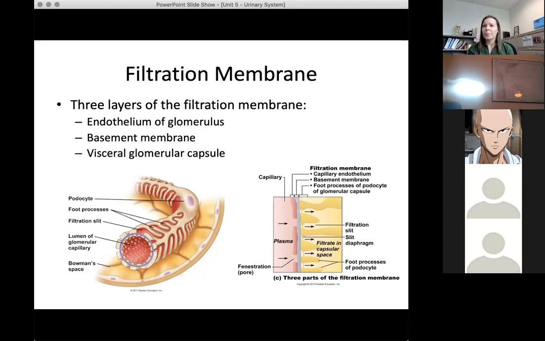Then the second layer is this layer shown in purple, that's the basement membrane, which surrounds any capillary bed. So the basement membrane has actually a negative charge, which allows everything except large, negatively charged proteins to cross.